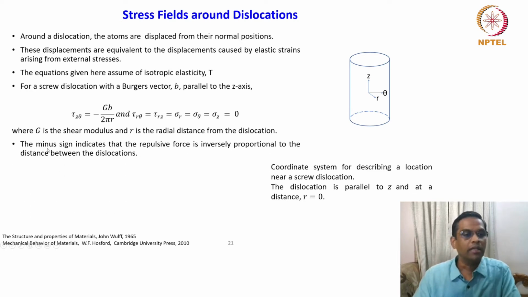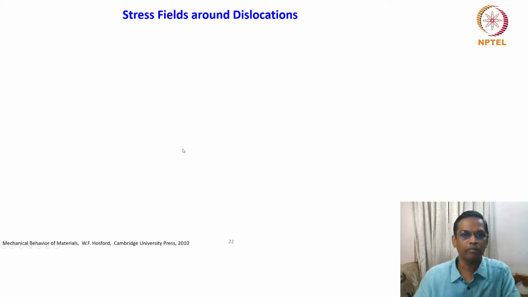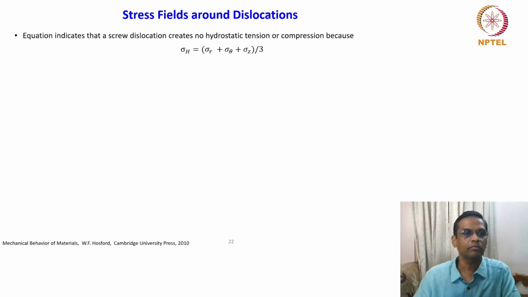The minus sign indicates that the repulsive force is inversely proportional to the distance between the dislocations. So we are talking about the repulsive force of the dislocation. In a minute we will see what the detailed forces are.